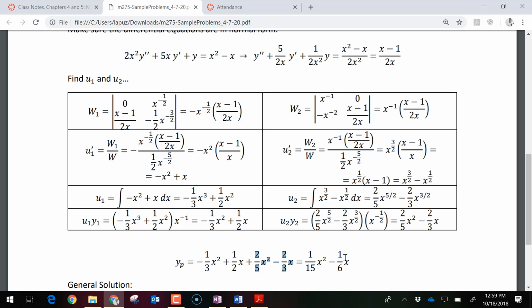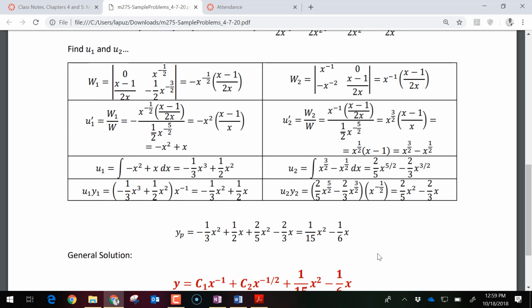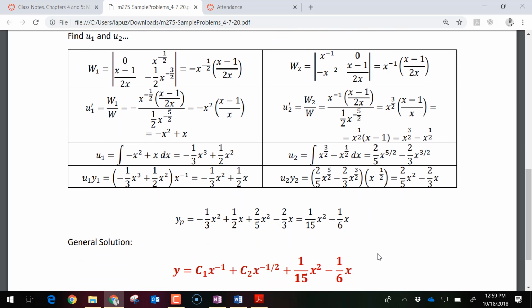Since they're both polynomials with the same degrees and same terms, we just combine like terms, and then we get this. And then the general solution would be the linear combination of the solutions to the homogeneous differential equation, plus the y particular that we just found.